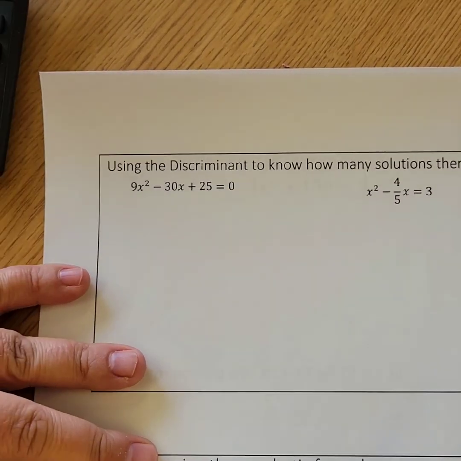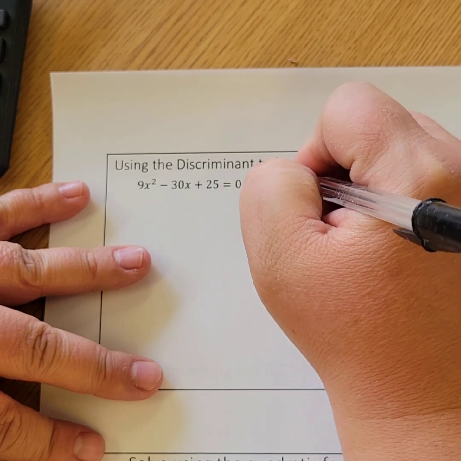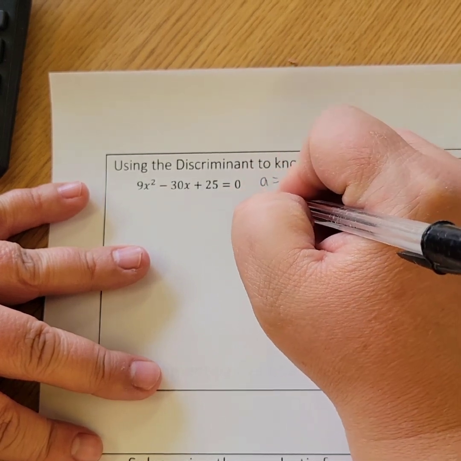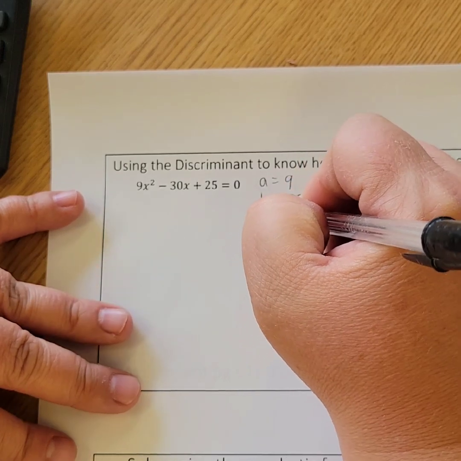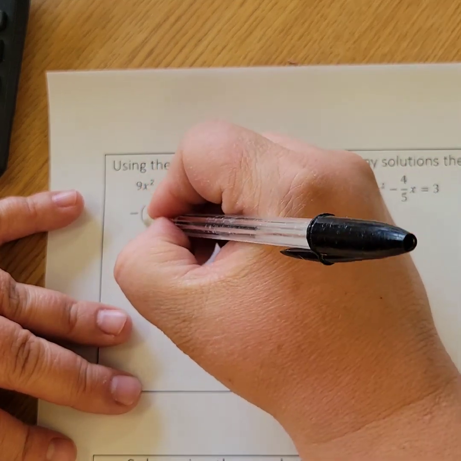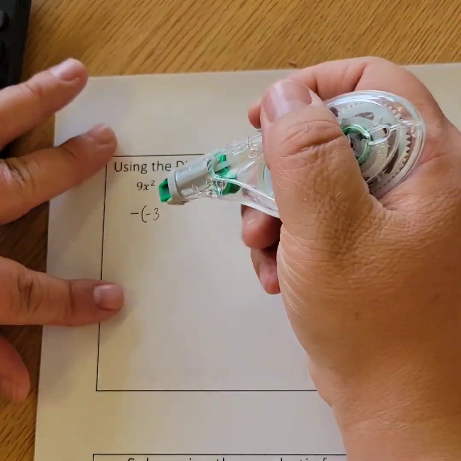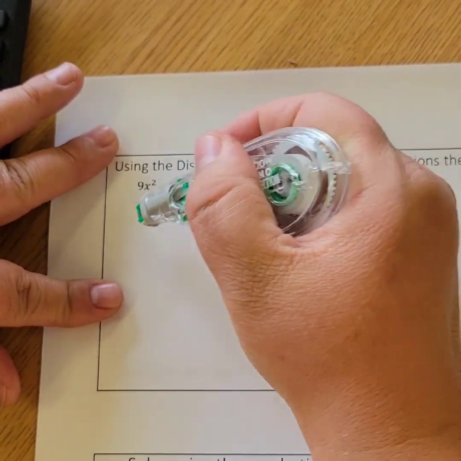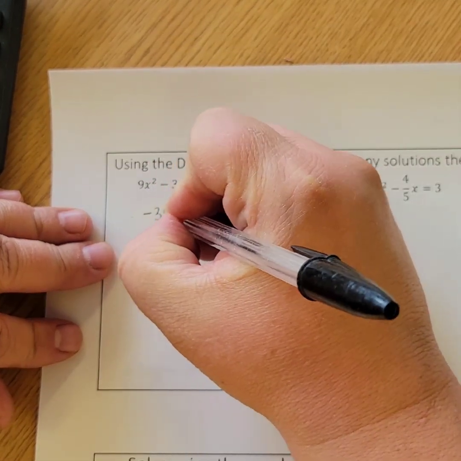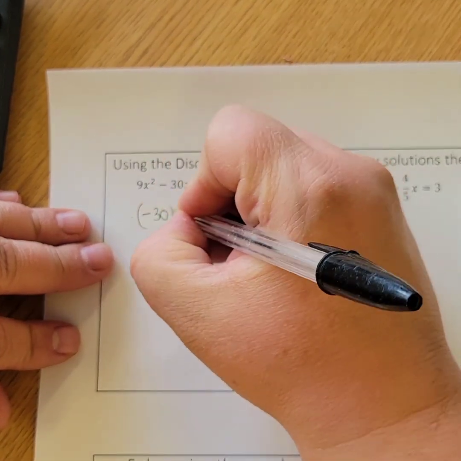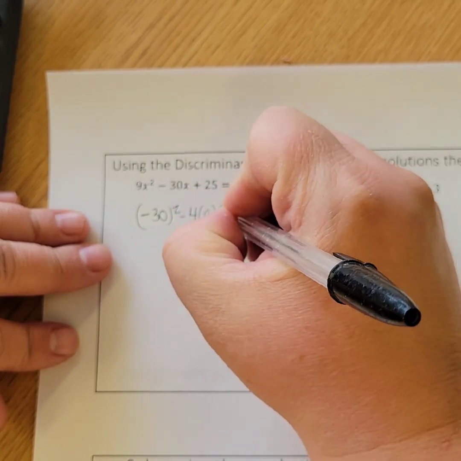All right. It's already in order, so A is 9, B is -30, C is 25. Oh wait, sorry. I went back to the quadratic formula. Okay, so we have -30 squared minus 4 times 9 times 25.